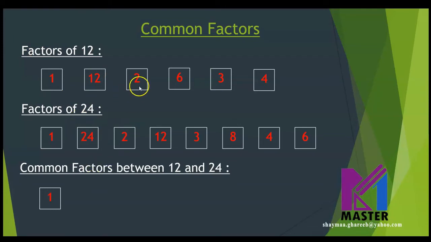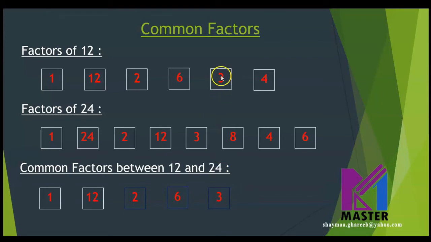What else? I can see 2 and 2. So 2 also is a common factor between 24 and 12. And also number 12 is a common factor between 12 and 24. What else? Number 6 is a common factor between 12 and 24.